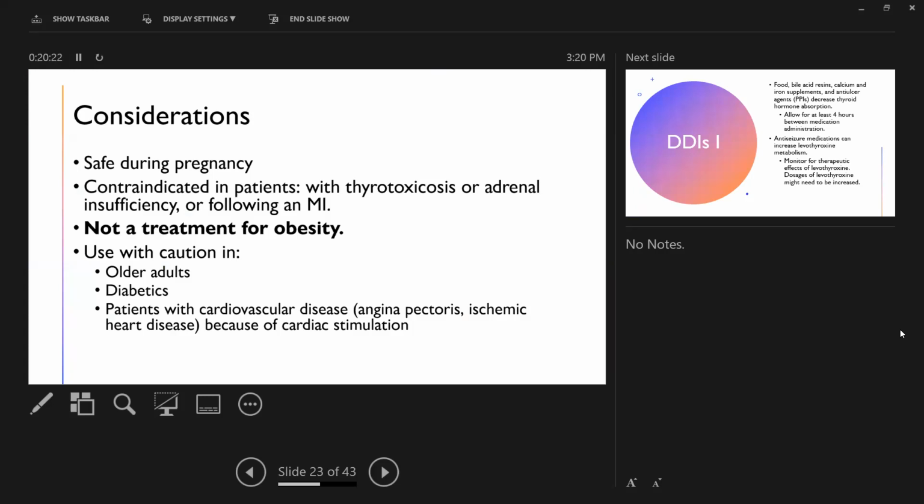And patients who get a hold of it to treat their obesity are at danger of really causing themselves trouble. Use with caution in diabetics, in older patients, and in people with cardiovascular disease, because the drug will overstimulate the heart.